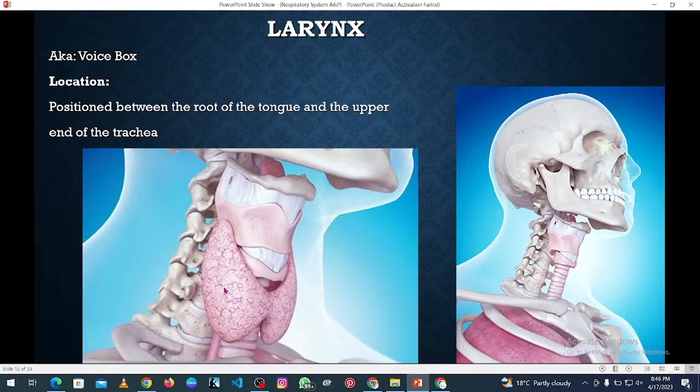Can somebody tell me what this organ is? I really don't know what this shape is, but it looks like where my cursor is moving. Can somebody tell me what this organ is? You can just unmute. The thyroid gland. Thank you.